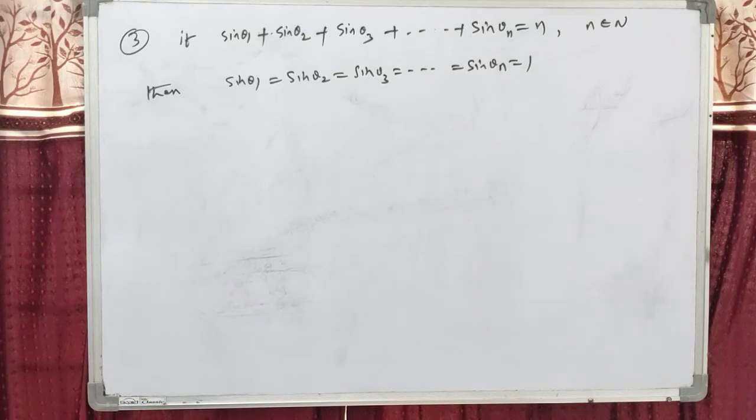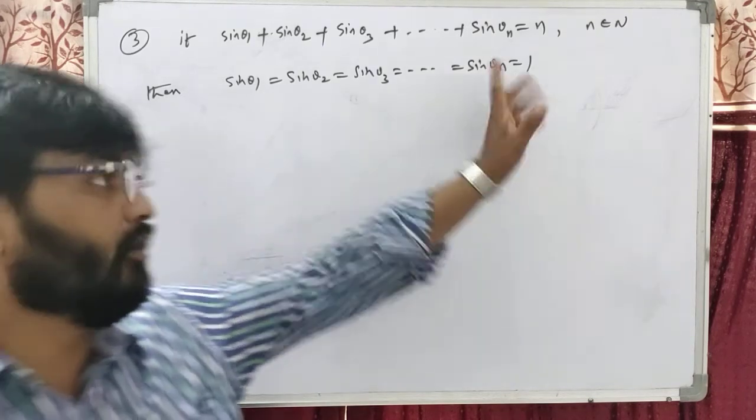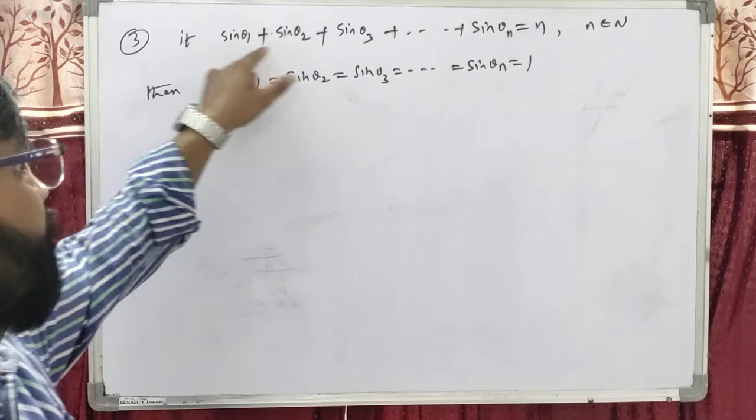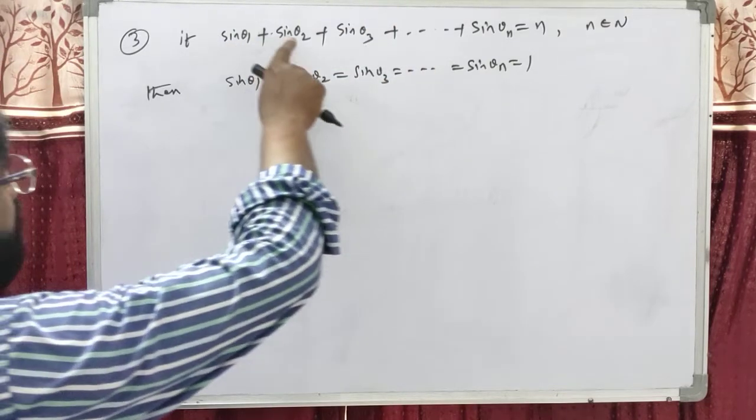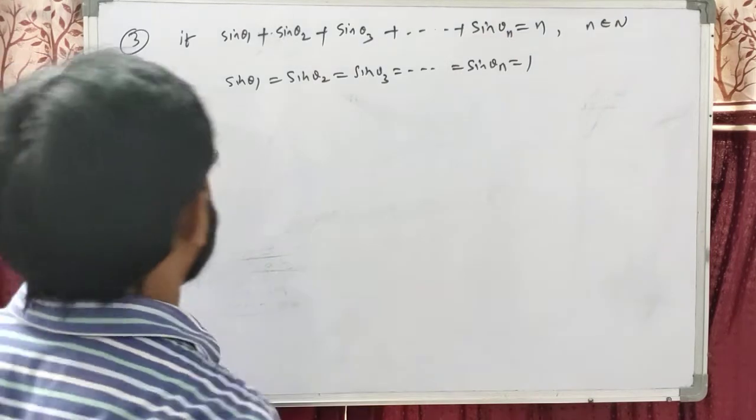Okay students, 1 is the value of sine 90. That means theta 1, theta 2, theta 3, each angle is 90. We can write it as 1 plus 1 plus 1, n times, that is n.